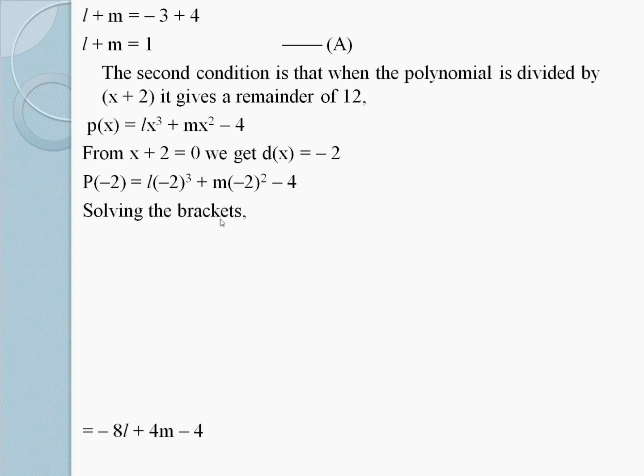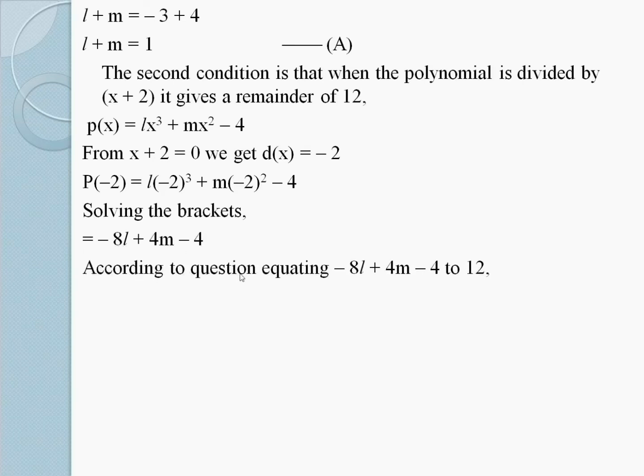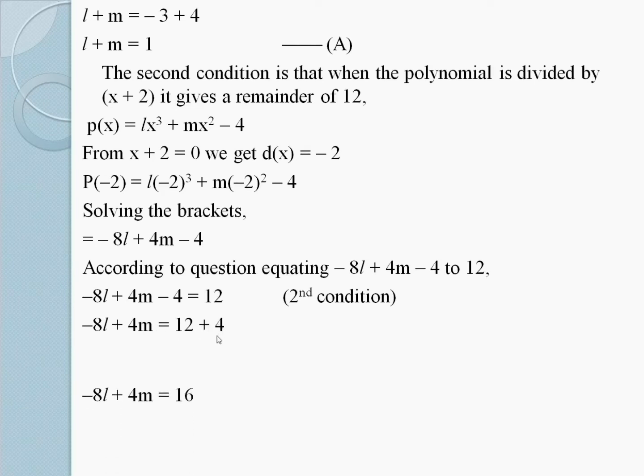Solving the brackets, minus 8L plus 4m minus 4. According to the question, equating minus 8L plus 4m minus 4 to 12. Minus 8L plus 4m minus 4 equals 12, second condition. Minus 8L plus 4m equals 12 plus 4. Minus 8L plus 4m equals 16.